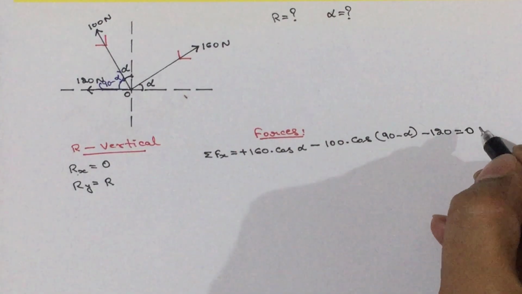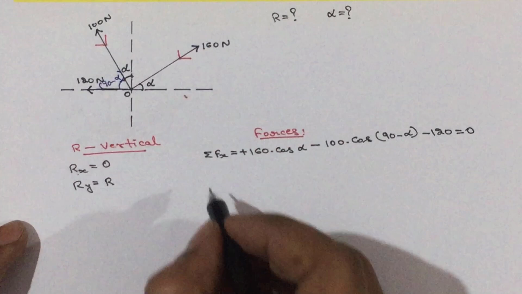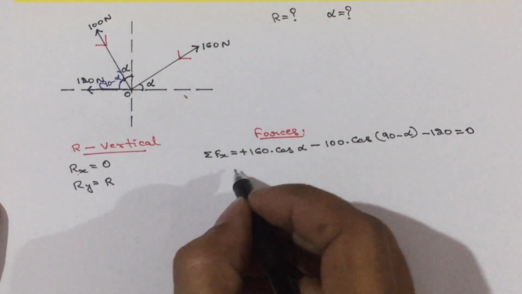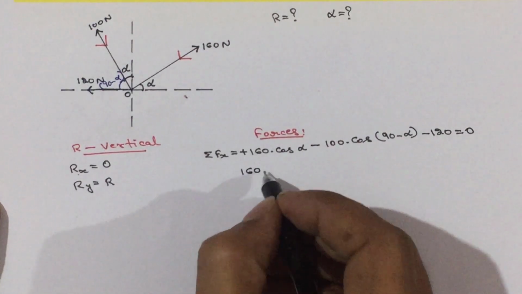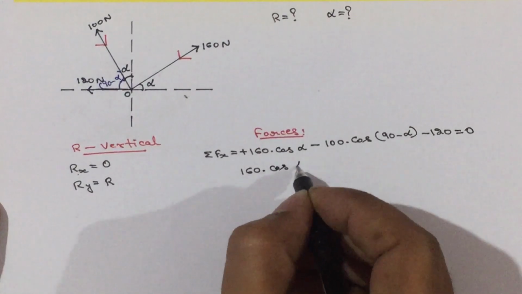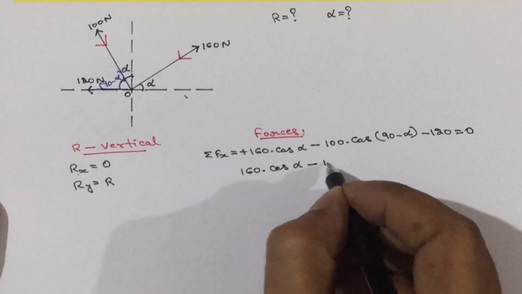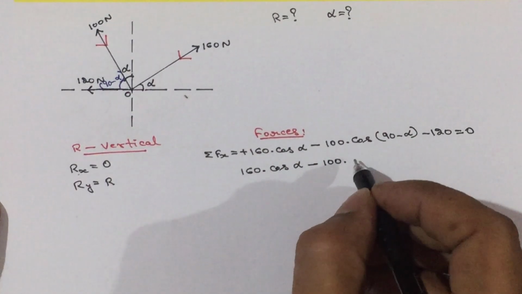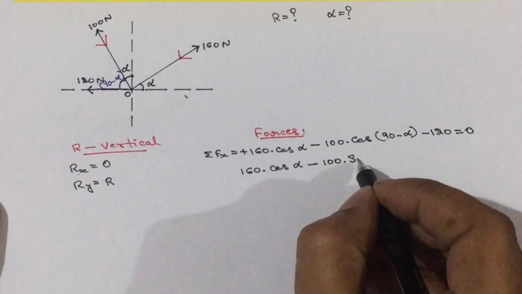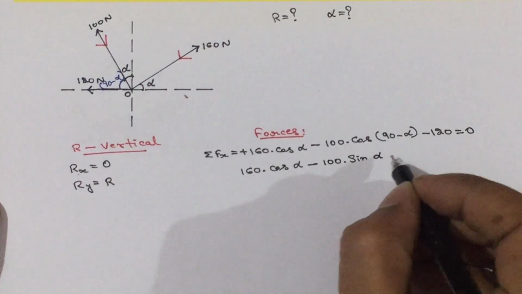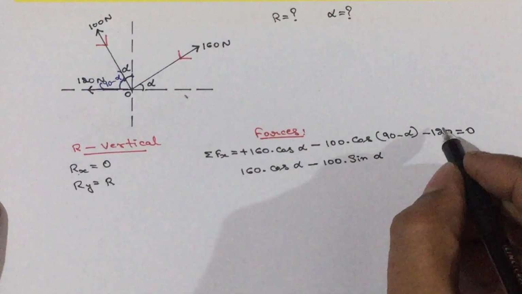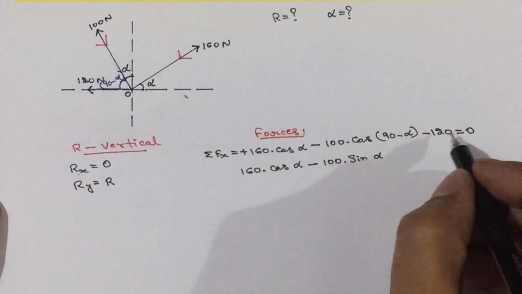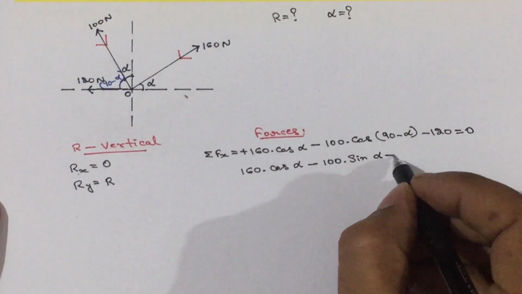So substitute, then we can rewrite the equation: 160 into cos alpha minus 100 into cos of 90 minus alpha. Cos of 90 minus theta is nothing but sin theta, therefore it will become sin alpha. Then minus 120, that should be equal to 0.